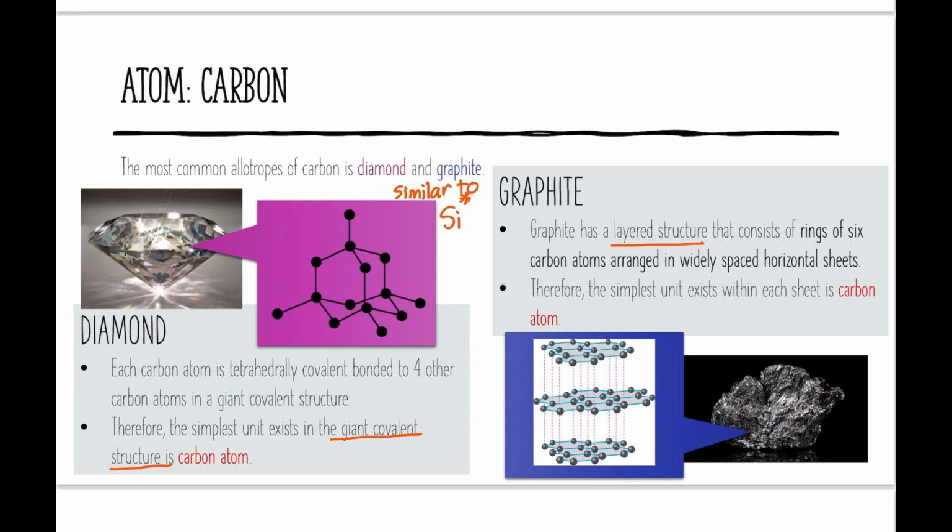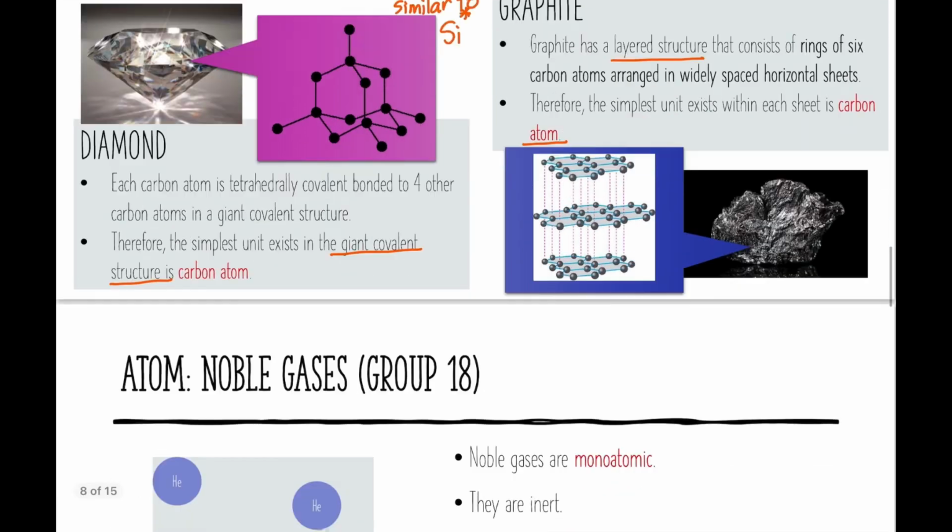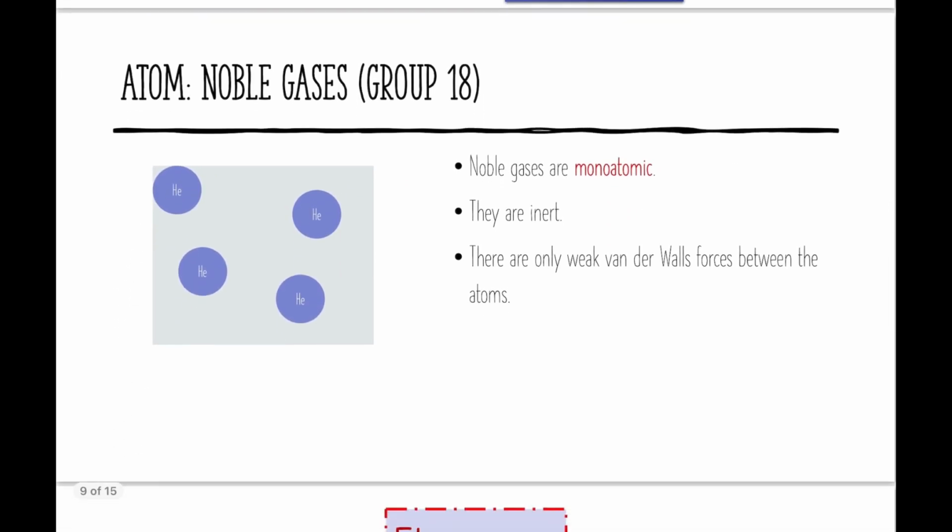Again, the simplest unit of carbon in this arrangement is the atom. What about noble gases? Since noble gases are inert, they are unreactive. Therefore, they exist as monoatomic gases.